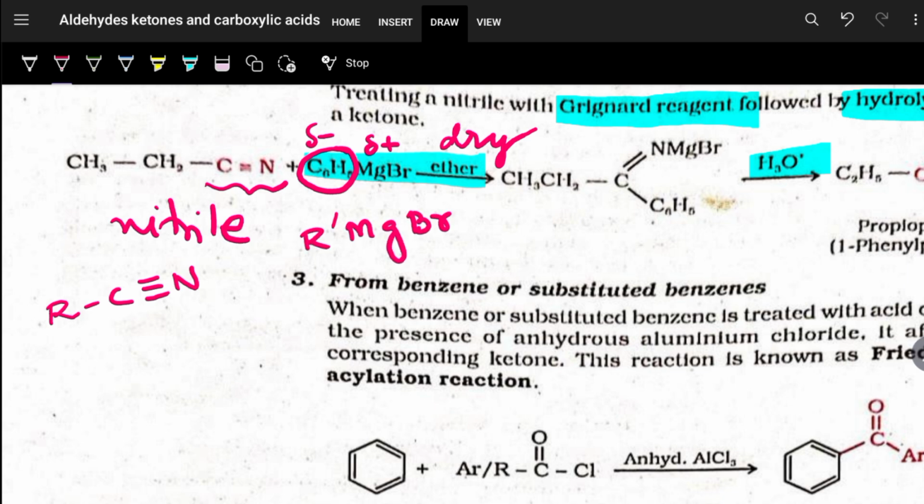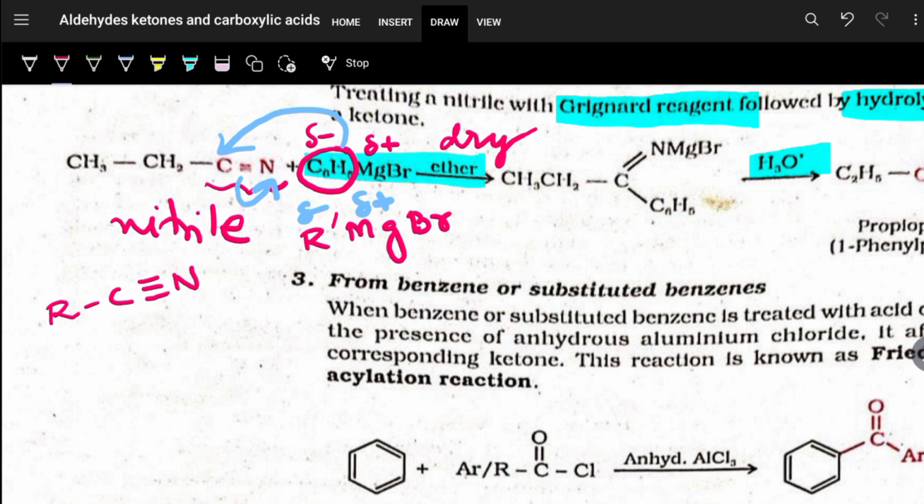R-MgBr, if I can write, then obviously I'll write delta negative here and a delta positive over the magnesium. Now this attack is very important. Why? Because we can see that this will come and attack the carbon and nitrogen will open up.